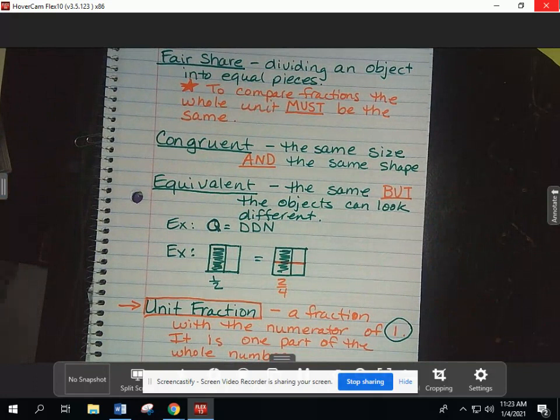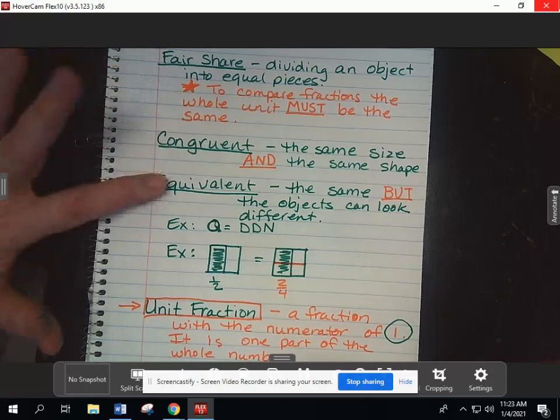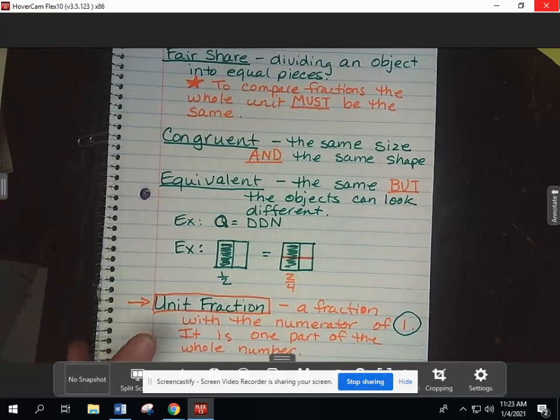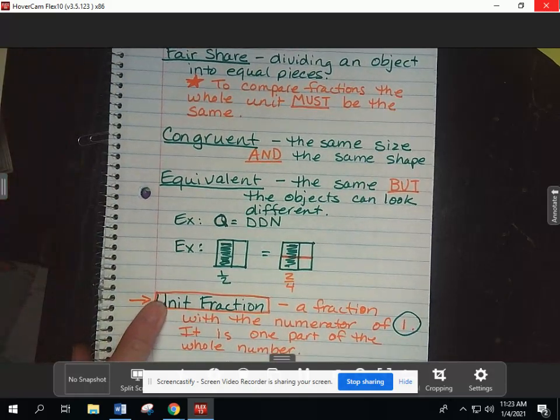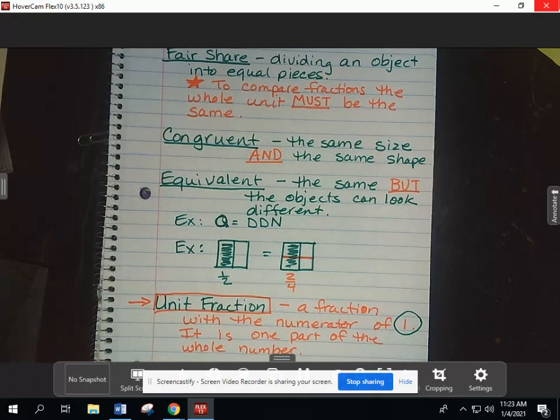Okay, this is a lot to handle in one sitting. There are many more words to work on, but we're going to work on these 1, 2, 3, 4 first. We're going to practice this, the unit fraction. Remember, I said that this was important from 3rd grade.